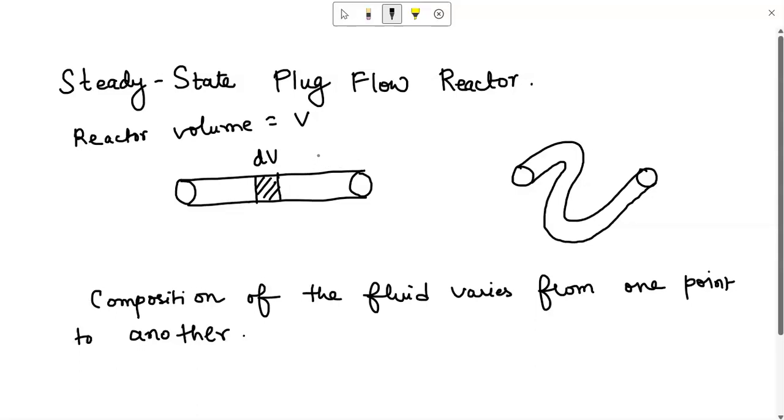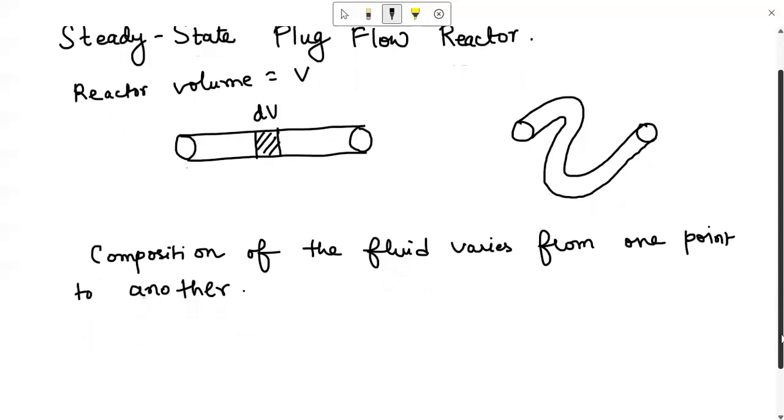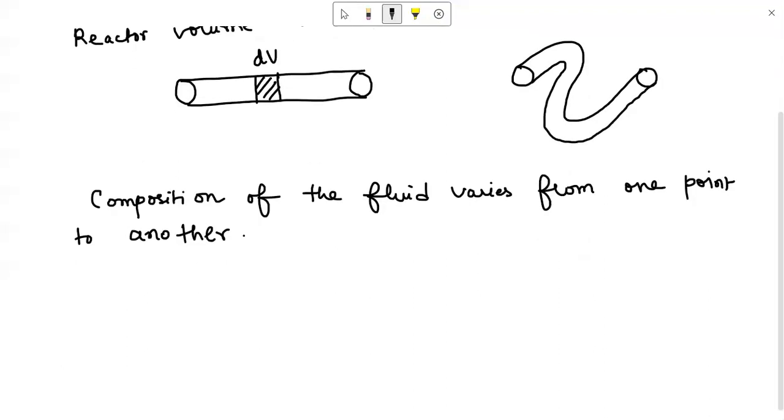Accordingly, that differential expression can be integrated to obtain the entire reactor volume. Obviously, when we are talking about steady state plug flow reactors, we will first talk about the material balance equation from which we will derive the performance equation.